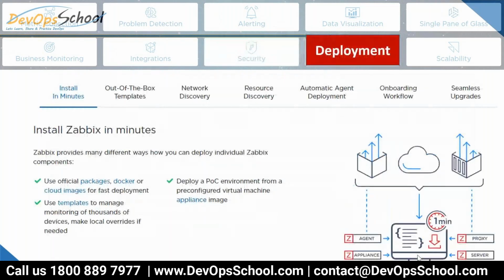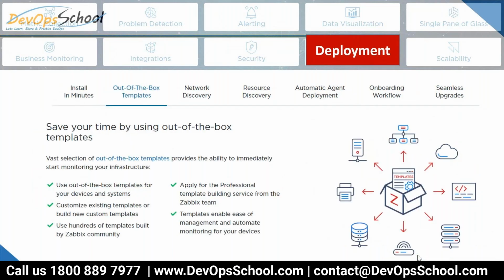Now if you want to deploy Zabbix at large scale, those options are available. You can install the Zabbix agent or proxies in a minute. Zabbix is supported on every platform, including Docker and Kubernetes. Templates, we will spend a good time on the templates.